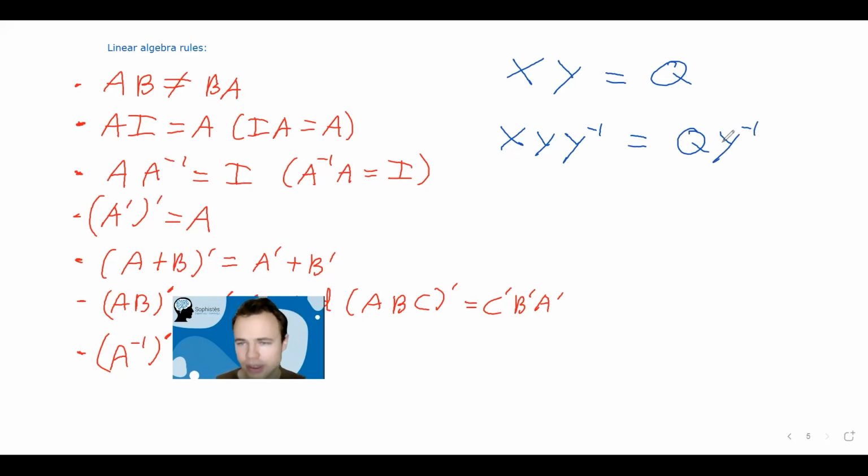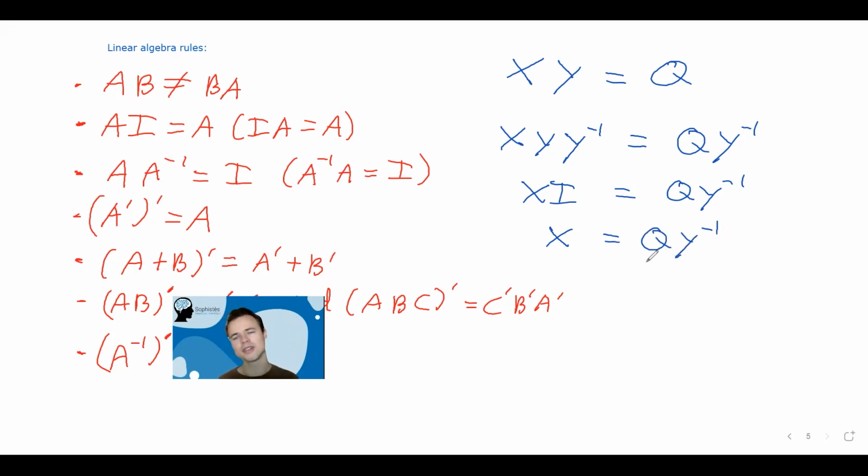So you put the inverse matrix behind it. And then you hopefully remember the rule that the y times the inverse becomes the identity matrix. And what happens if you multiply a matrix with the identity matrix? You just end up with the matrix. So here you have your answer.